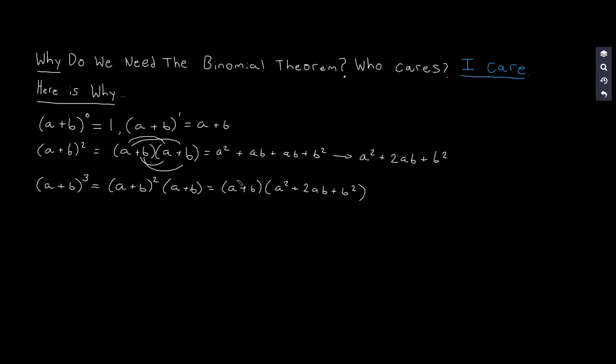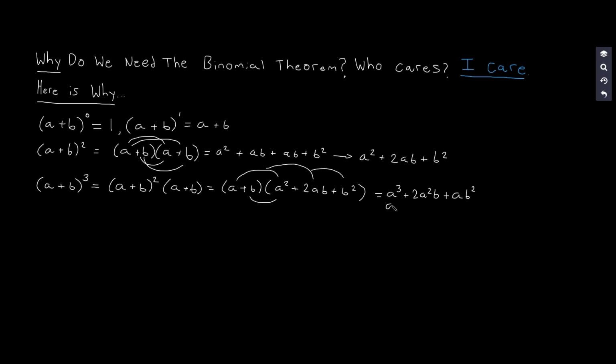And then we could try to work this out here. Now let's do the a terms first. This is a raised to the third plus 2 times a squared times b plus a times b squared.